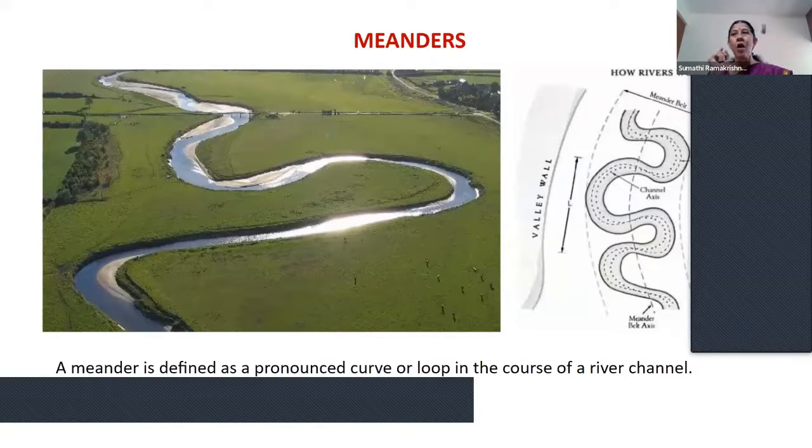This is common in the Ghats sections. These are also common in the Ghats and central plains where they have adequate rainfall throughout the year. It is defined as a pronounced curve or loop in the course of a river channel. They are in zigzag form. An example of a meander is the Ganga between Allahabad and Varanasi. It goes this way.